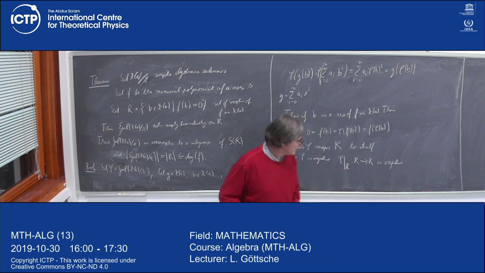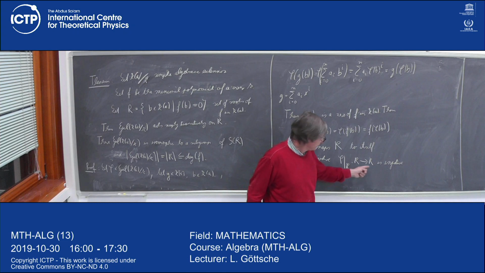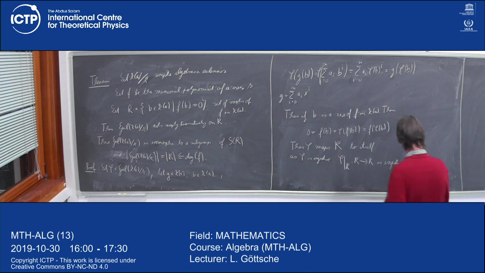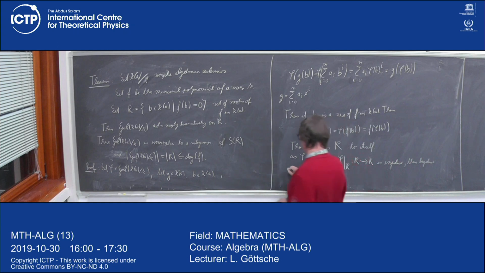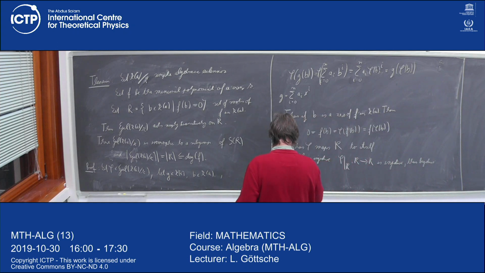And as R is a finite set, an injective map from a set to itself is a bijection. So thus it is bijective. So that means if I take phi restricted to R, this is an element in the symmetric group of R.